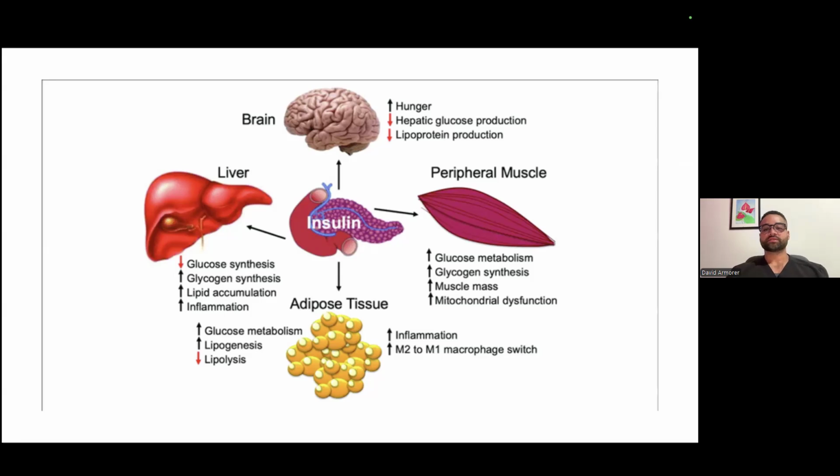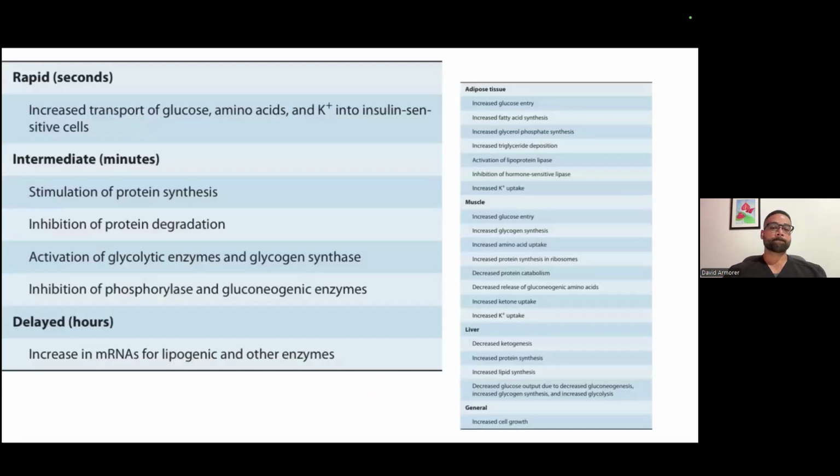And in the peripheral muscle, it would increase glucose metabolism, increase glycogen synthesis, and increase mitochondrial dysfunction, and increase muscle mass. In the brain, it would increase hunger, decrease hepatic glucose production, and decrease lipoprotein production. So this is a nice table which highlights the effects of insulin.